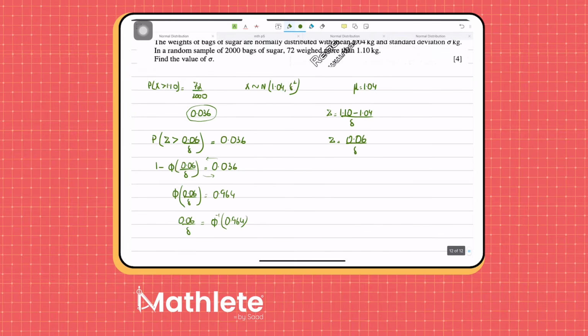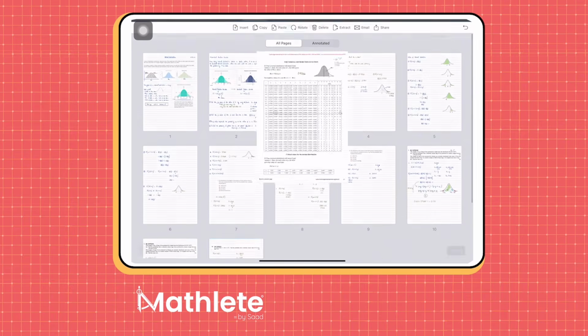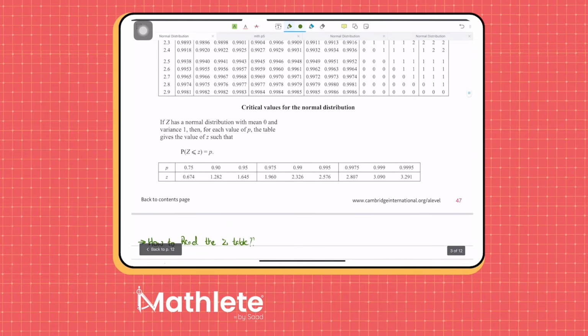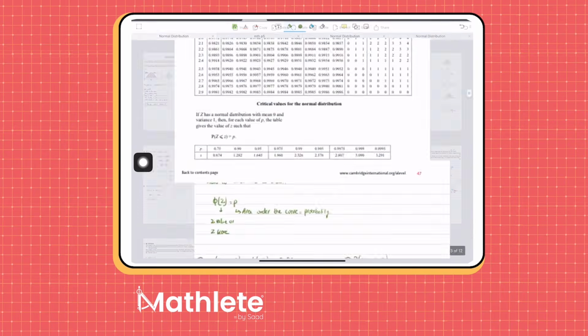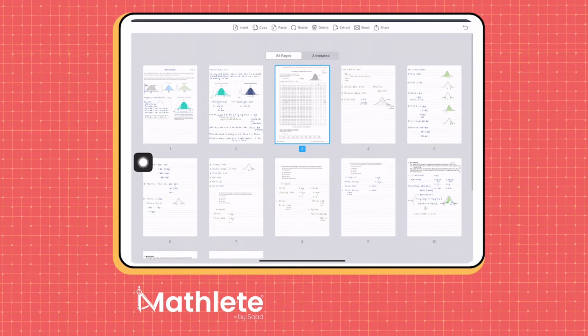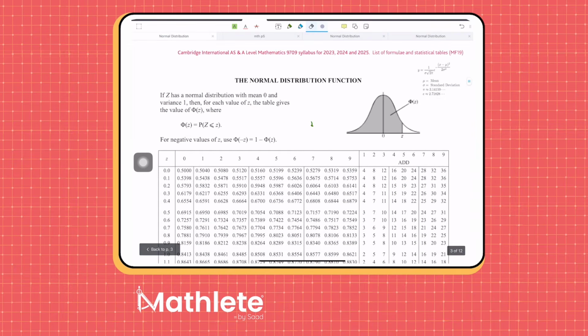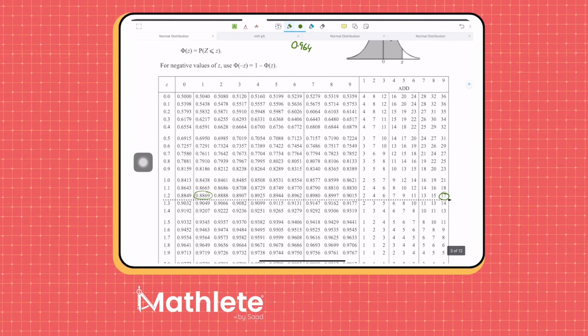Once again, we go back to the table. Now this means we have to read the table backwards. Let's see if we can find the probability over here. Nope, not lucky enough. The probability is 0.964, so I'm going to write it down somewhere so I don't forget.